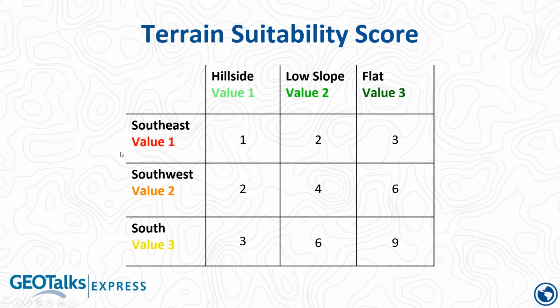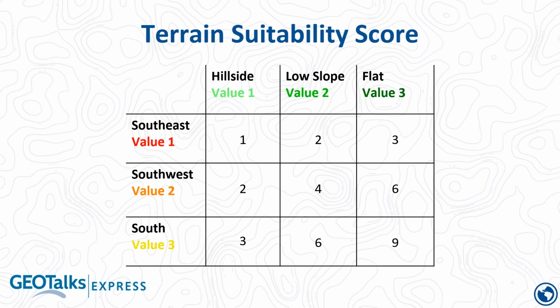We next have our aspect or slope direction values, southeast, southwest, and south. And by multiplying those values together, we're going to get a series of numbers here. Any place that has no data is going to have a value of 0, and so the output value will be 0.